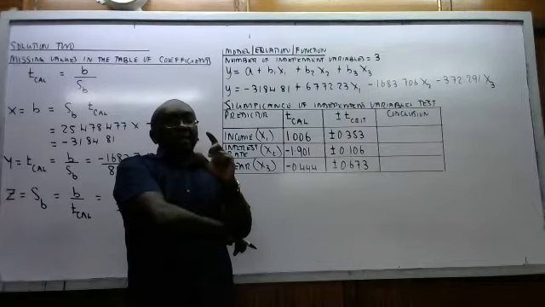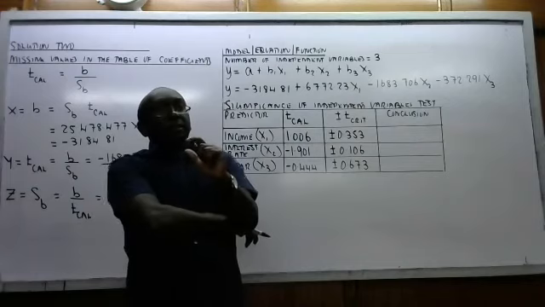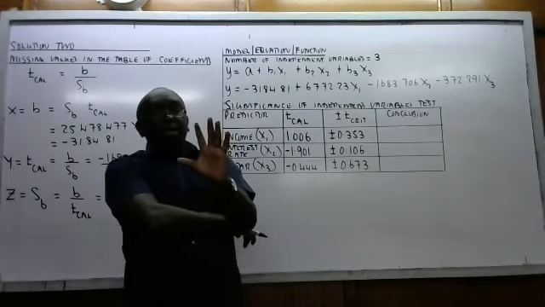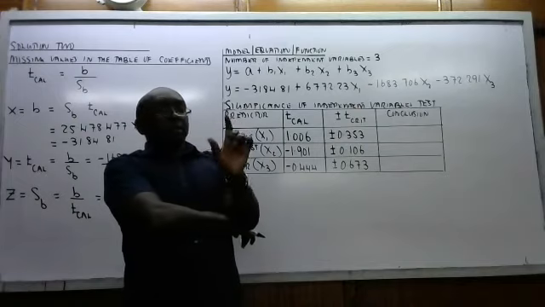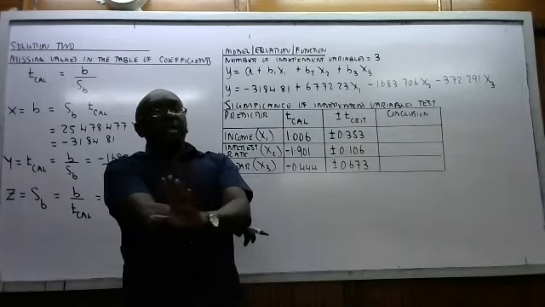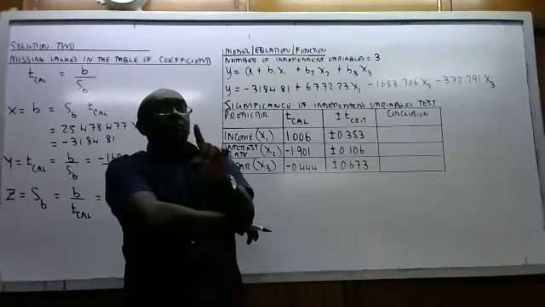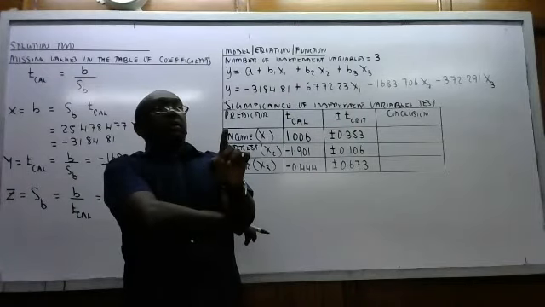Acha turudie tena. The calculated is 3.8. Let's just pick the first lesson. 3.8, sio? Haya, ukienda kwa rule, the negative is minus 2.26, eh? Negative 2.6, sio?